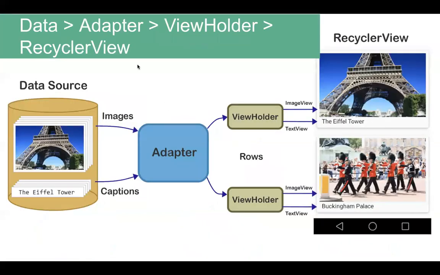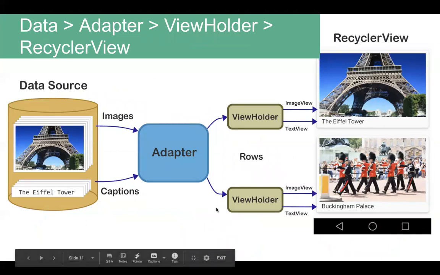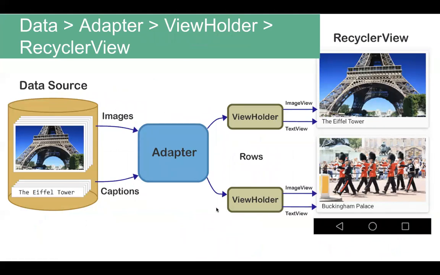So this is a very good pictorial representation of how the recycler view works. So you get data from your external API, and here it's images of different destinations, I guess. Like you can see the Eiffel Tower and the Buckingham Palace right here.